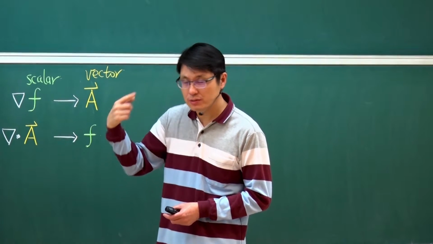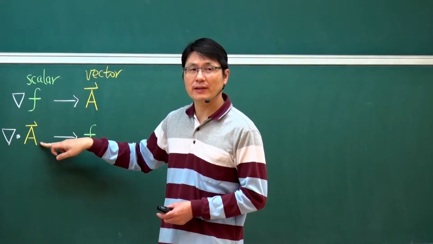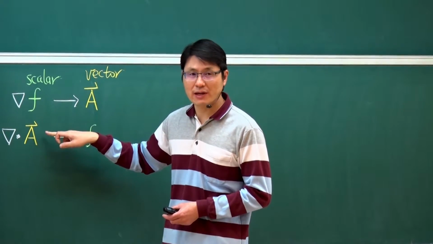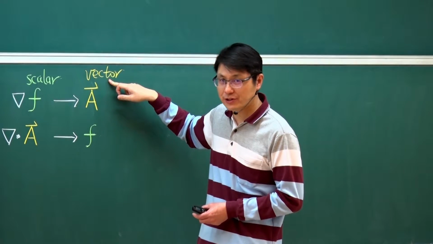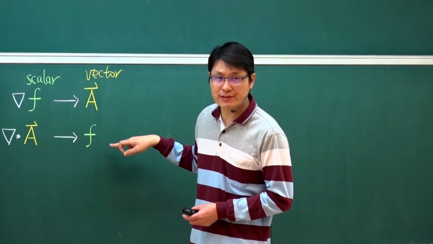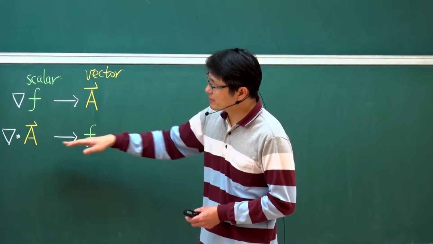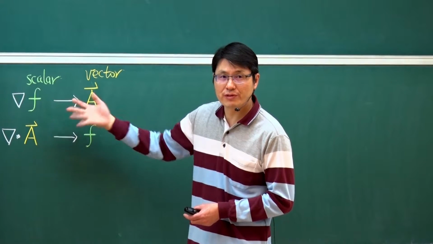To remind you, this operation works on a vector. I'm using the color yellow to denote a vector, and green to denote a scalar function. Divergence and gradient are somehow reversed.